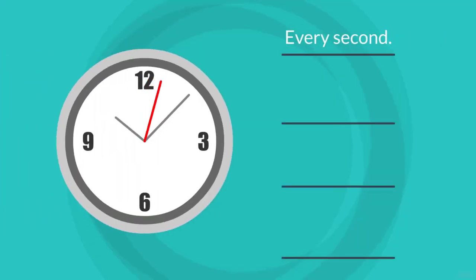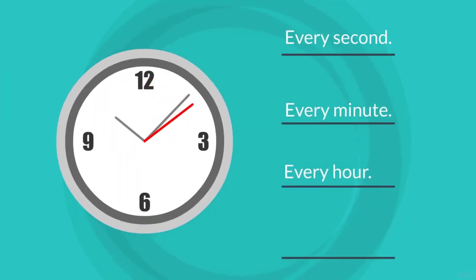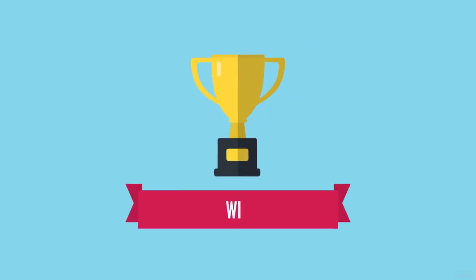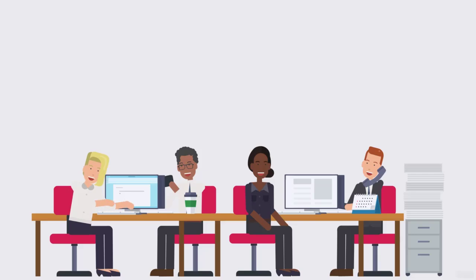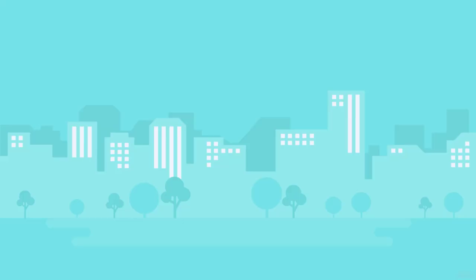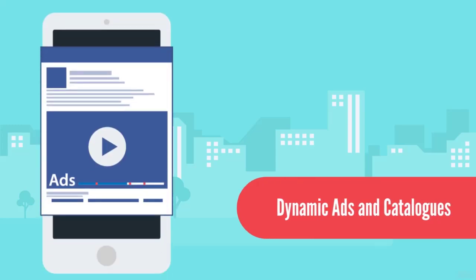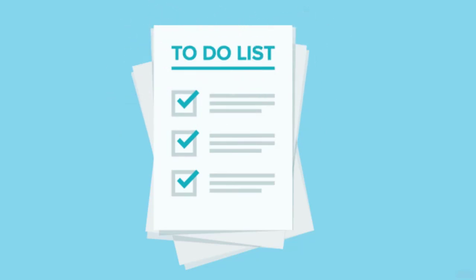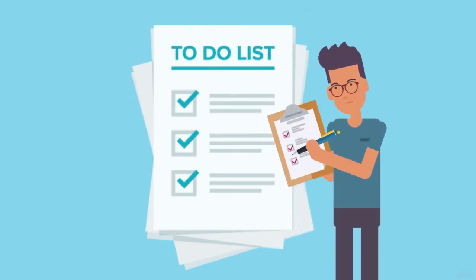Every second, every minute, every hour, every day, 365 days a year. And once you set them up, you win. They work for you day and night, non-stop. That's why we created a special section just about dynamic ads and catalogs. We also give you a detailed step-by-step to-do list to help you set them up correctly.